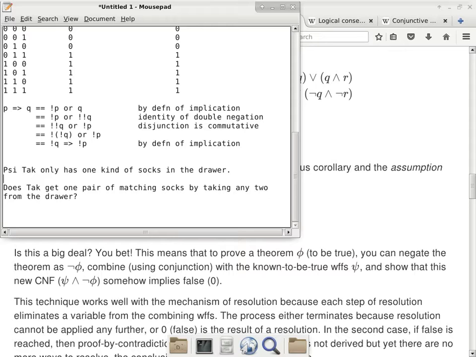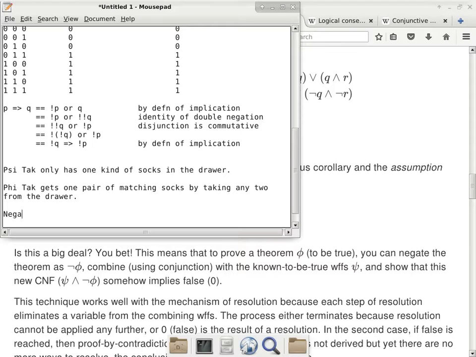Is that okay? The theorem, okay, this is our phi, which is our theorem. Tag gets one pair of matching socks by taking any two from the drawer. That is my phi, which is the theorem to be proven. Okay? I don't know whether it's true or not. I want to prove it. Is that okay? So how do I prove this by contradiction?